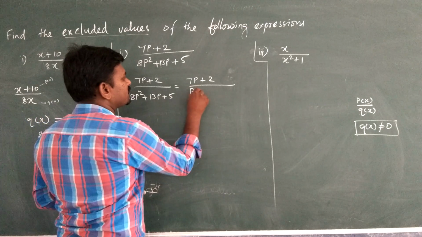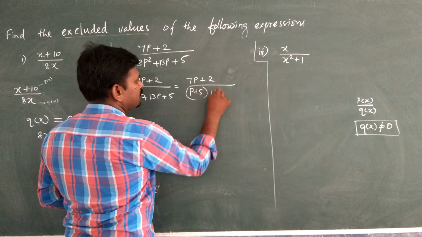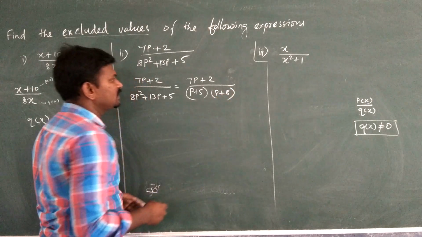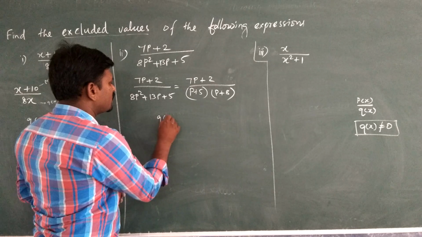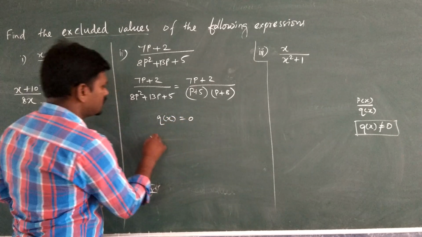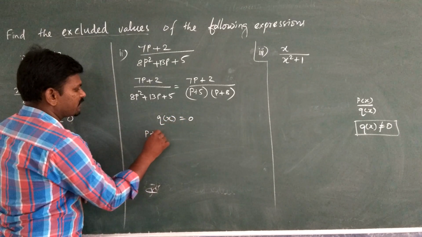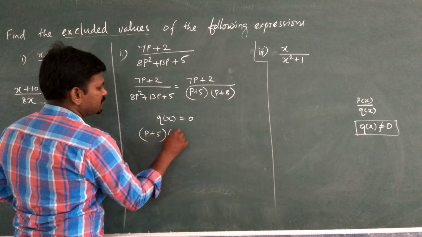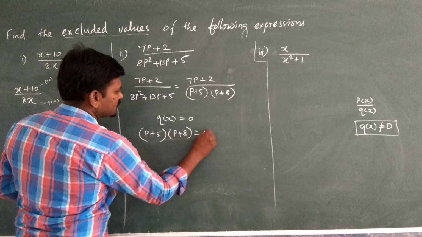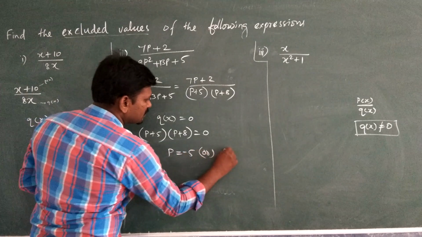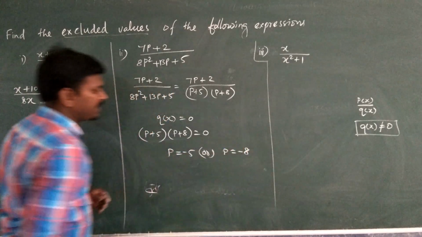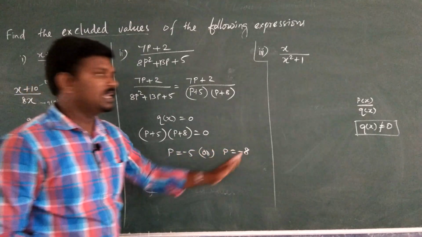So p plus 5, p plus 8. So we cannot simplify. So this is the q of x. So q of x is equal to 0, p plus 5 into p plus 8. So p is equal to minus 5 or p is equal to minus 8. These are the excluded values.